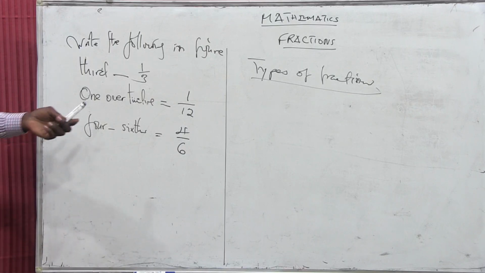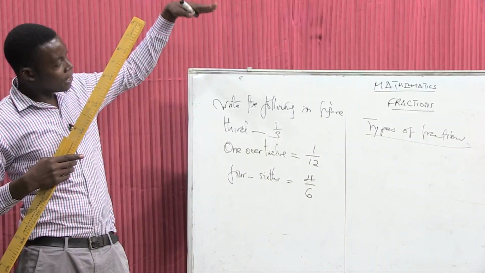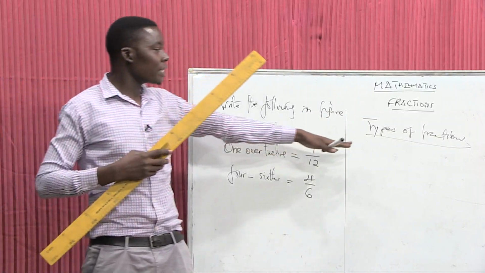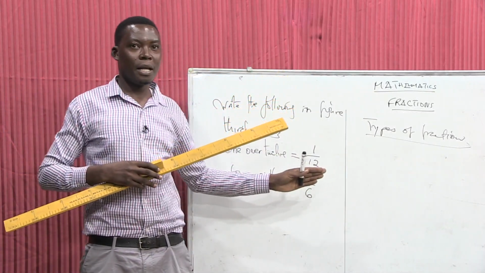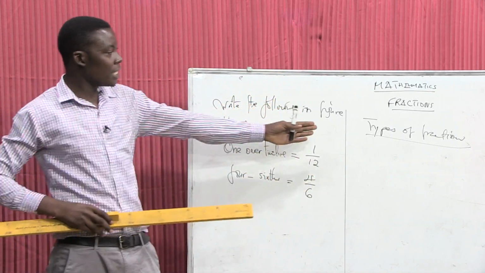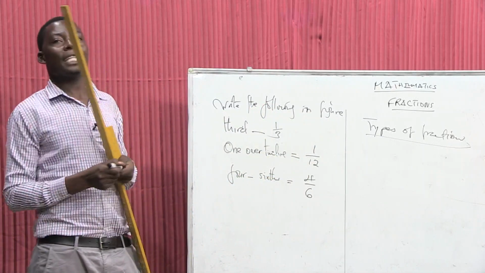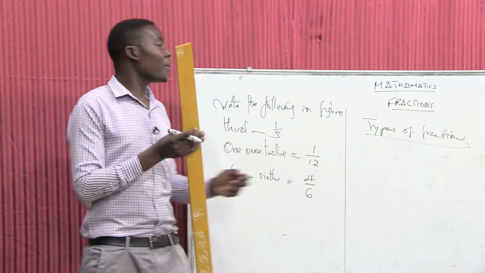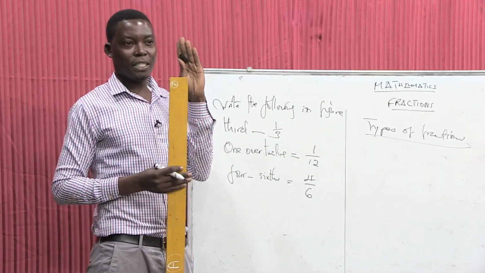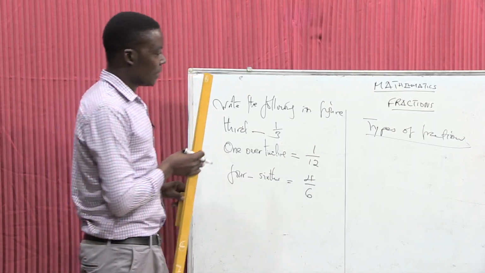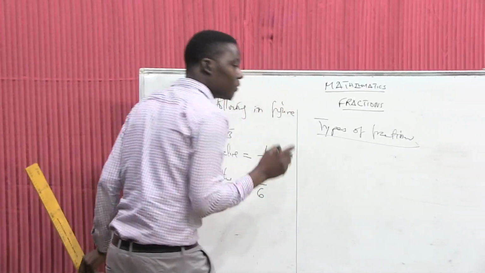Then, as you go up, is where you see different kinds of fractions. But for this level, because this one is especially for grade 4, you will see the types of fraction here. We are going to learn two types of fraction.